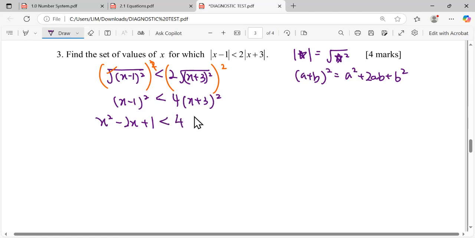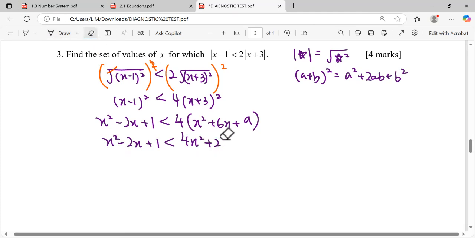So 4 times this bracket: x squared, 2 times 3 times x is 6x, then 3 squared is 9. Expand some more, and we get a quadratic inequality.